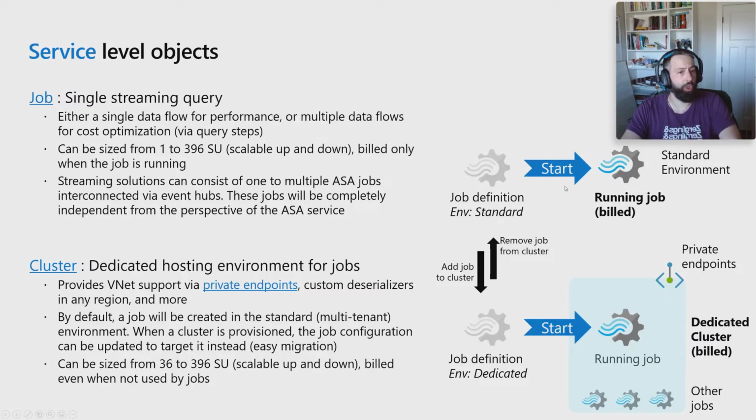So you take your job, it was running in multi-tenant, normal deployment, you needed VNet support. You just changed the property somewhere that says now it's attached to a cluster that I've created before. And then when you start it, it's going to start and run in that private cluster. Now what you pay is not by job anymore. You pay per cluster. So I want you to be aware of that aspect.